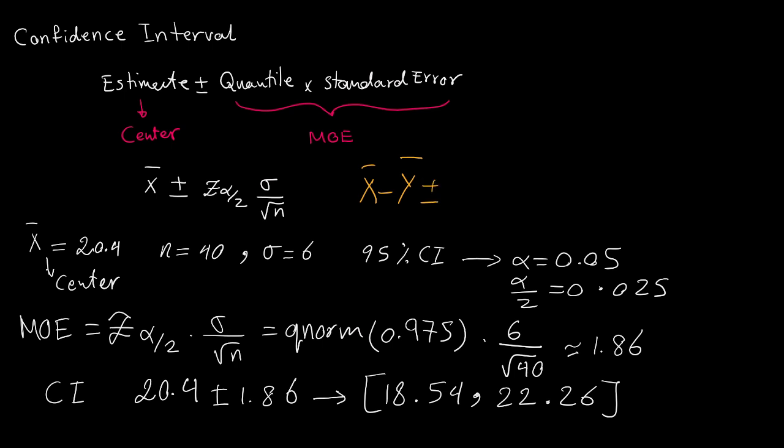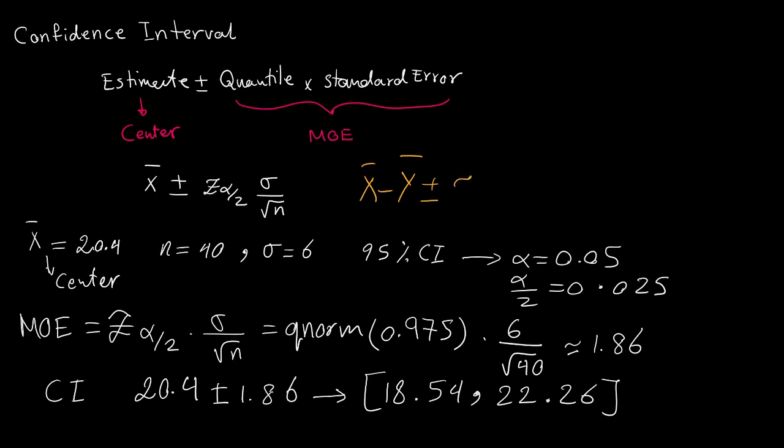For the margin of error part, again we have z of alpha half, for the normal case or when n is greater than 30. Instead of sigma, the standard deviation for just one sample, let's call it x, now we have a standard deviation for two populations. One of them is for x, the other one is for y.